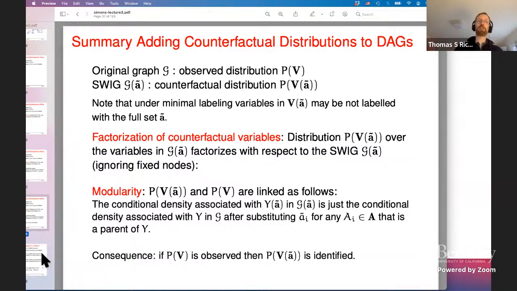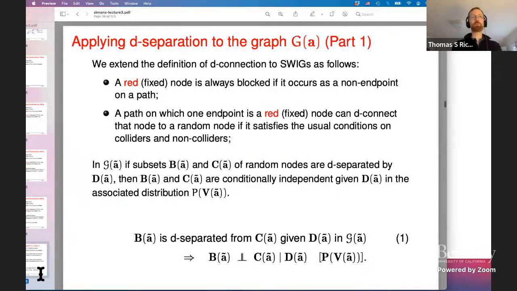So all the graphs we're constructing correspond to distributions over counterfactuals that are identified, given that we observe the joint distribution over all the variables in the original graph.